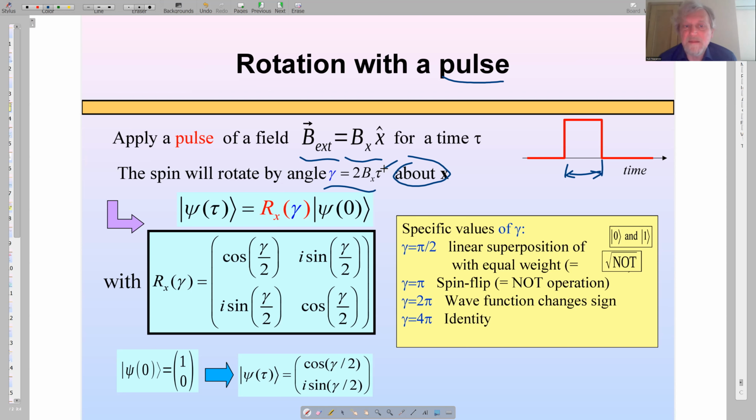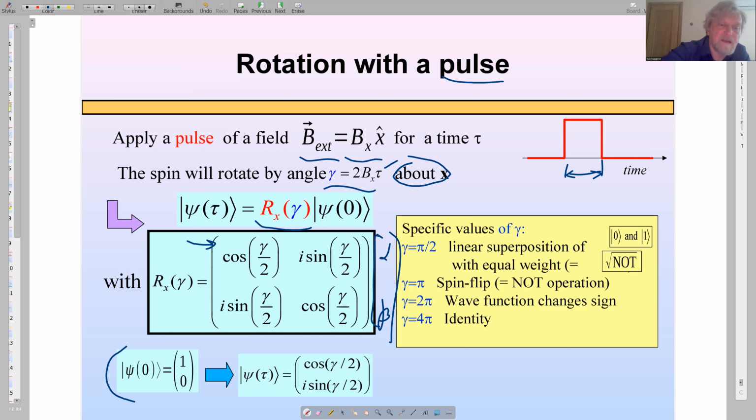How can it be written down in terms of a unitary matrix? It's a rotation matrix corresponding to the angle gamma, which can be explicitly written in this way. Any initial wave function alpha, beta, we multiply with this matrix and we get the resulting wave function.